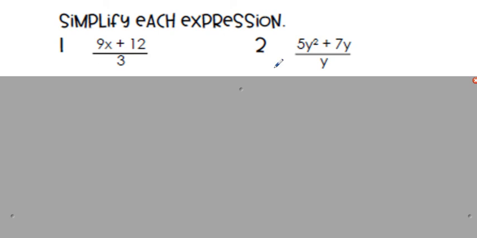So go ahead and simplify each expression by dividing each term by the denominator. So 9x divided by 3 plus 12 over 3. Go ahead and simplify each of those.